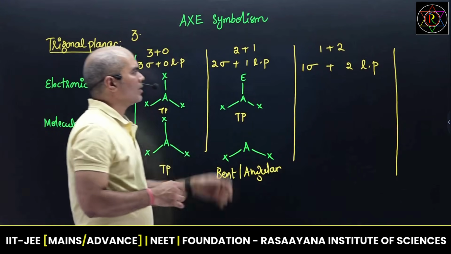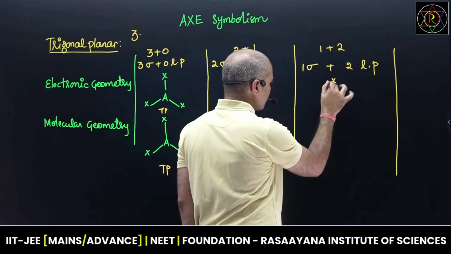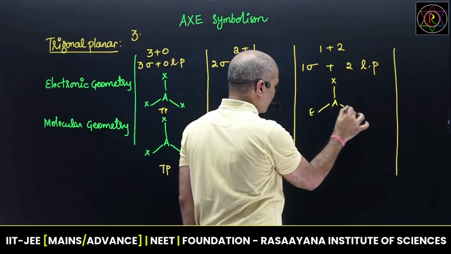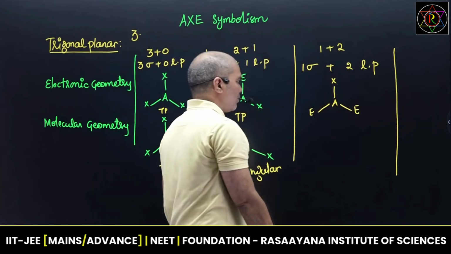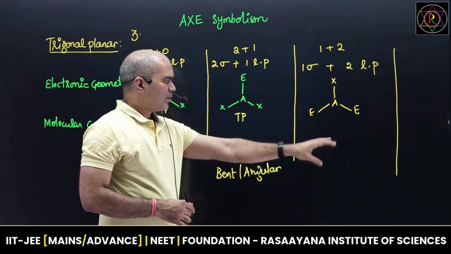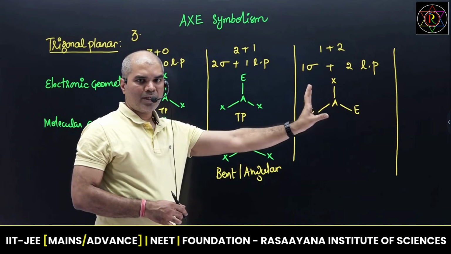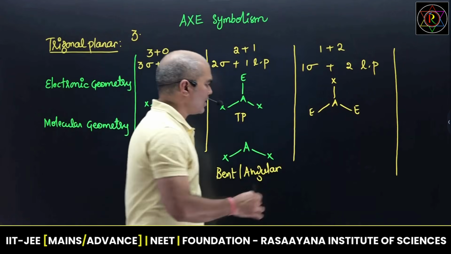Suppose I have 1 sigma, there is only 1 X but 2 E. It means these are 2 lone pairs. So in the molecular geometry, I should not indicate the lone pairs or E, only X should be indicated.